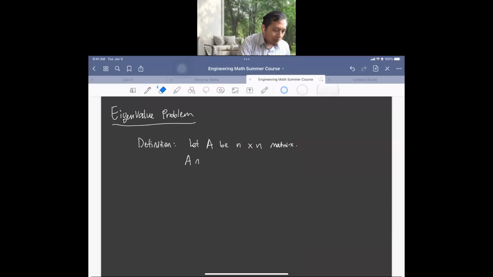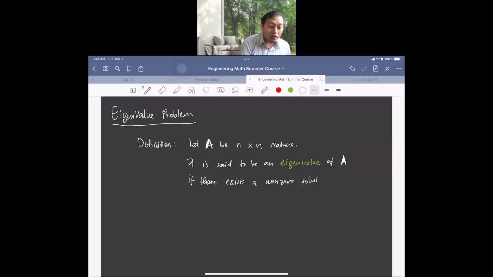A number, let's say we have lambda. Lambda is said to be an eigenvalue of matrix A if there exists a non-zero solution, which means the non-trivial solution we had before, vector k, of the linear system.